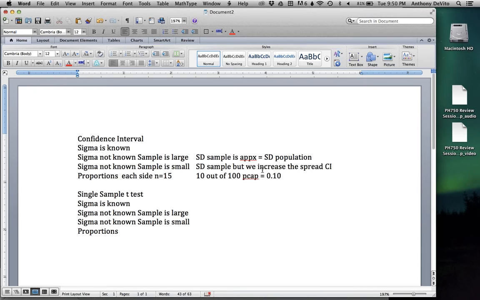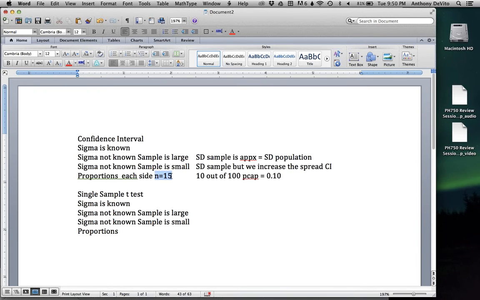Okay, that's p cap. Can I calculate, given the assumptions that I have to make, particularly about each side of the proportion having a sample size of 15, a confidence interval and be consistent with those rules now? What do you think? Is that a yes or no? Can I calculate a confidence interval for this sample? Right? No, I can't, right?